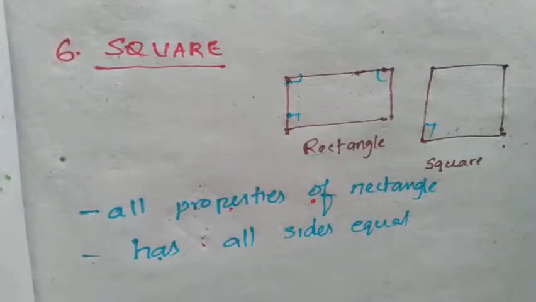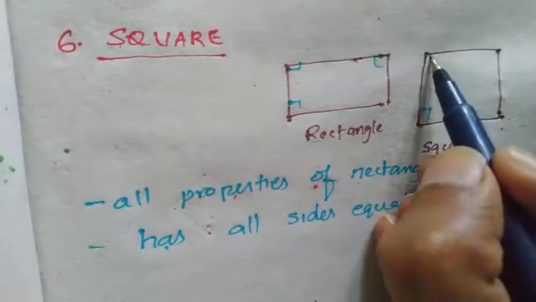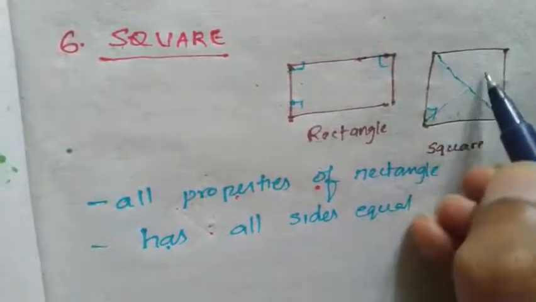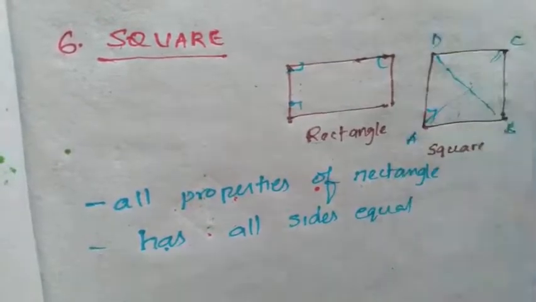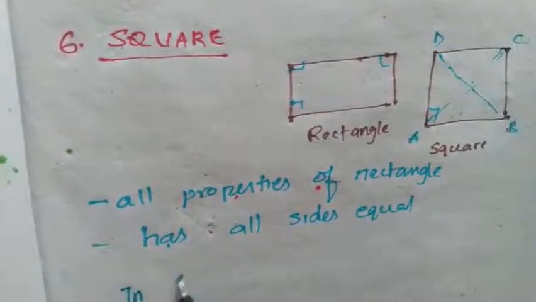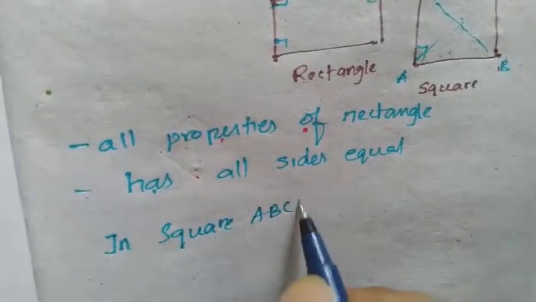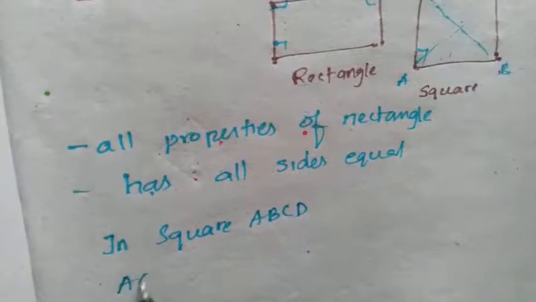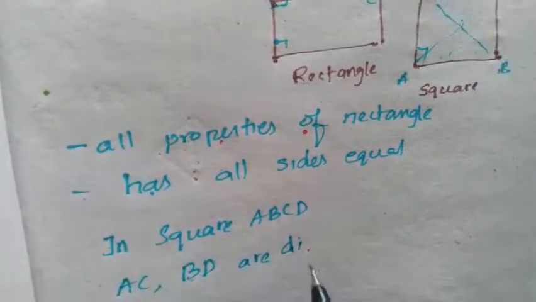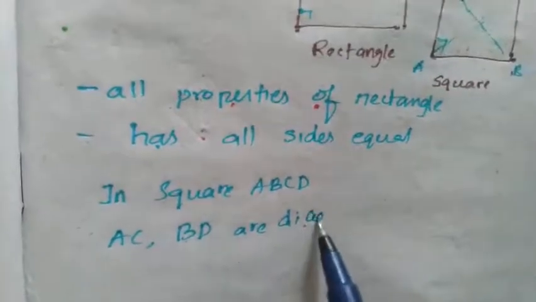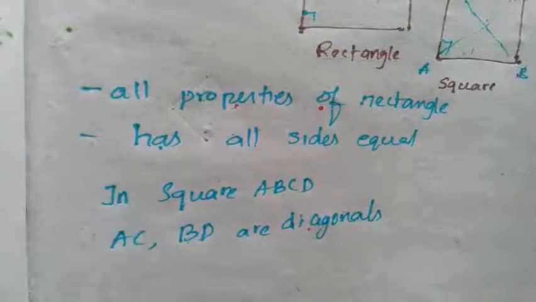Now when it comes to the diagonals of the square, let us name it first A, B, C, D. So in square ABCD, AC, BD are diagonals. What are they? They bisect each other.